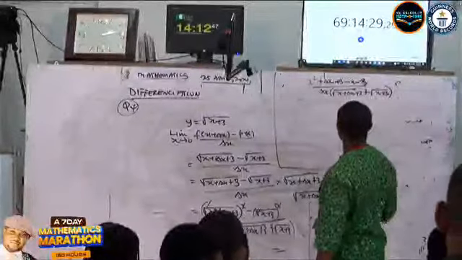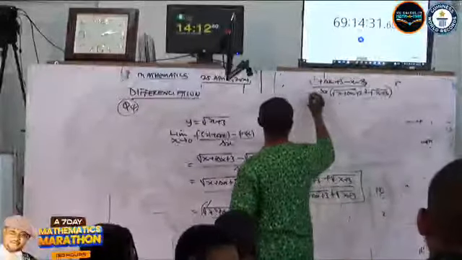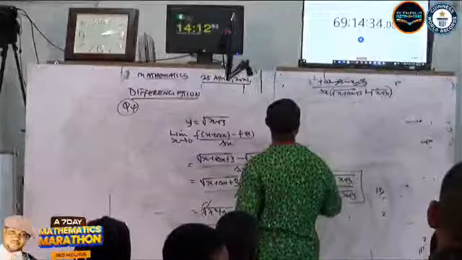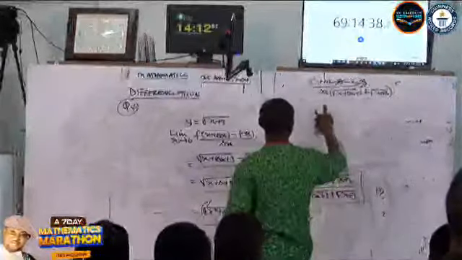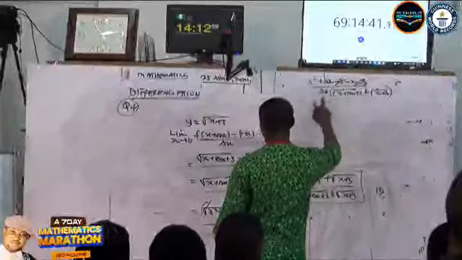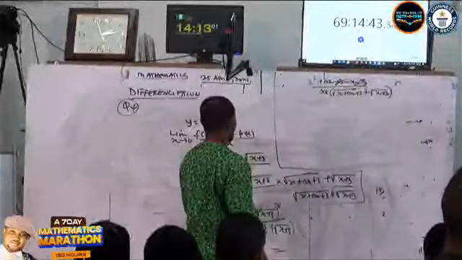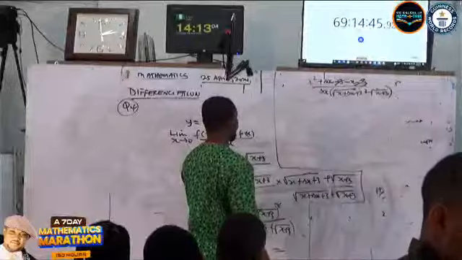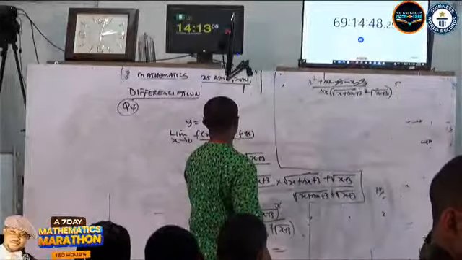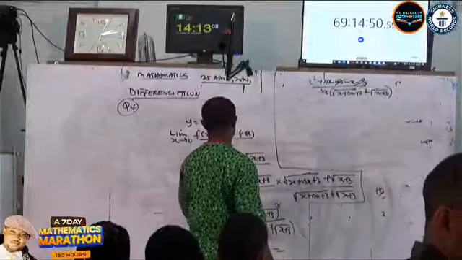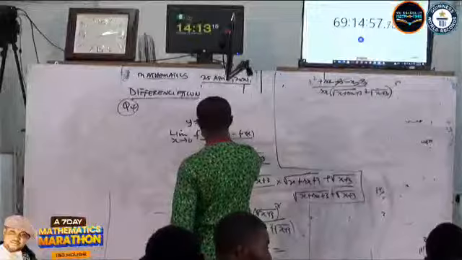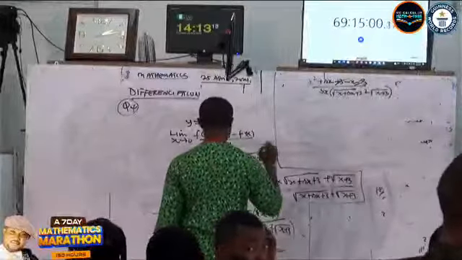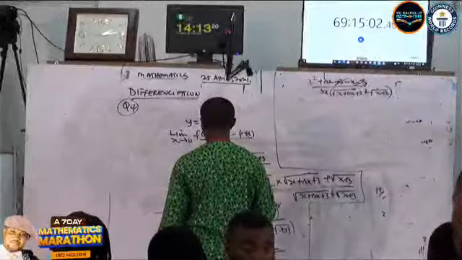So from here, don't forget this is gone. This place was x, you have x here plus 3. This place was x. Check the question.